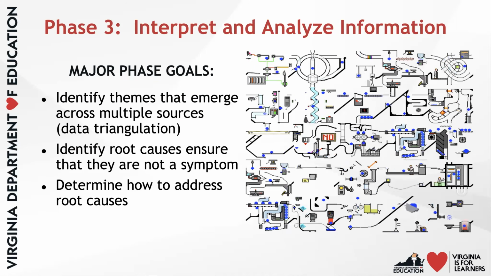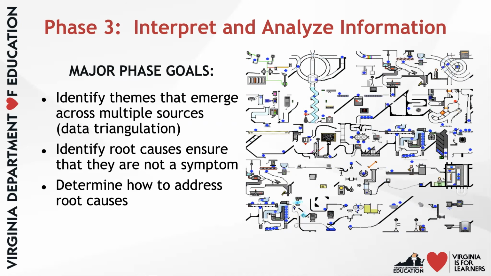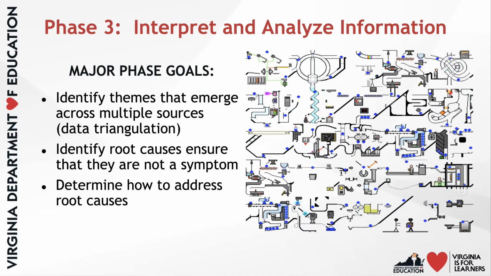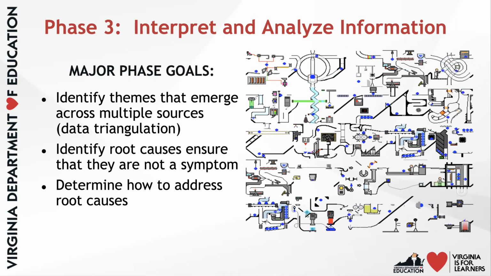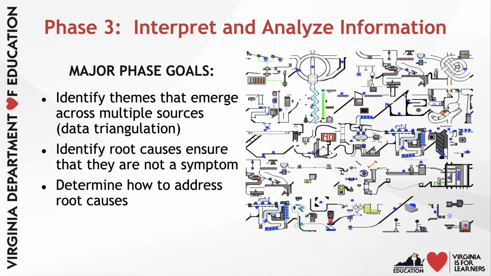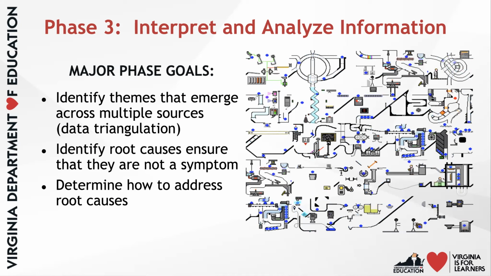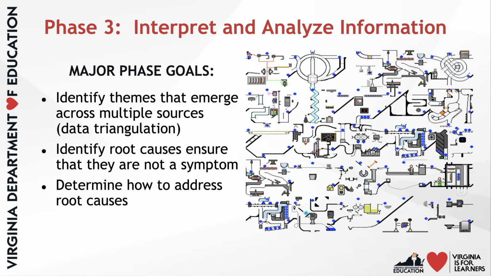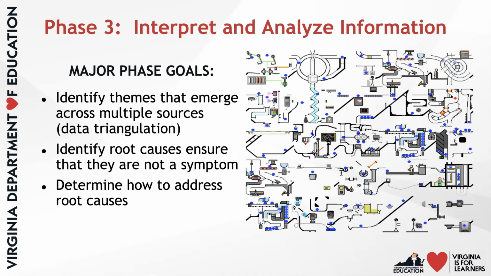Phase 3 is interpret and analyze information. Phase 3 of the CNA is the time for analysis and interpretation of data with the goal of creating meaningful information to inform the CNA results and priorities. This stage also includes the root cause analysis with the goal of identifying breakdowns in systems and processes.